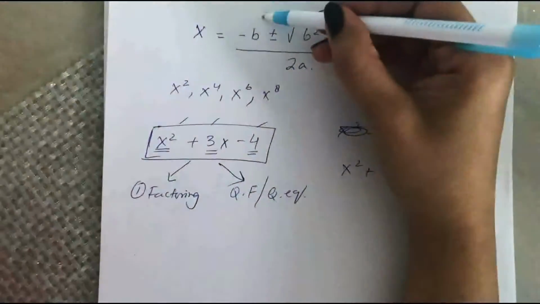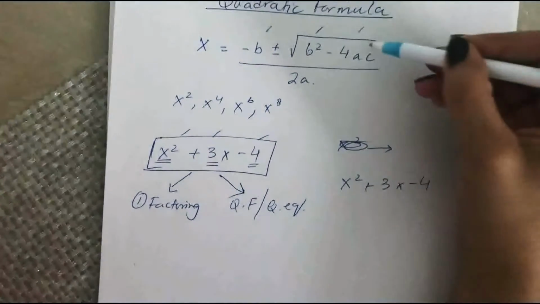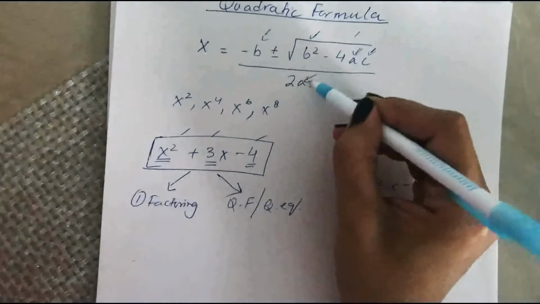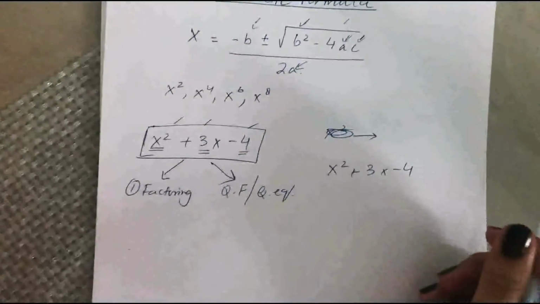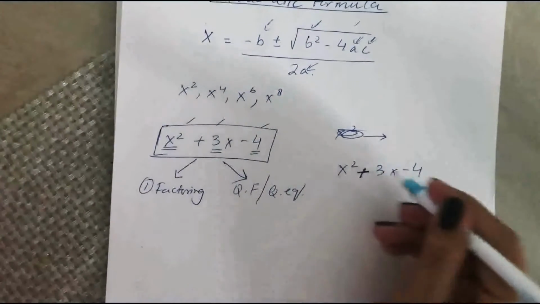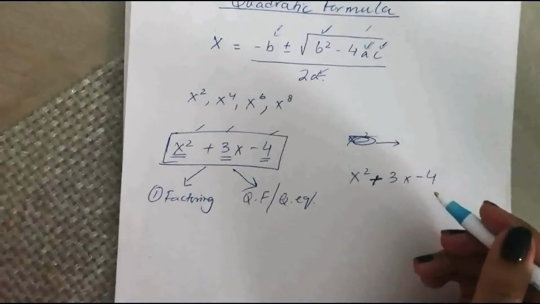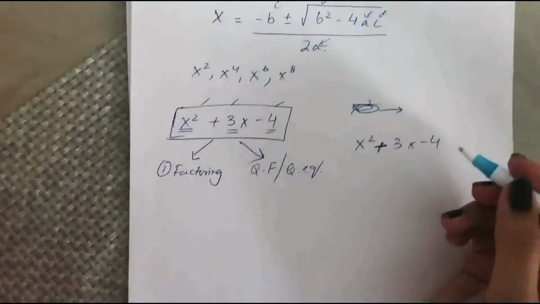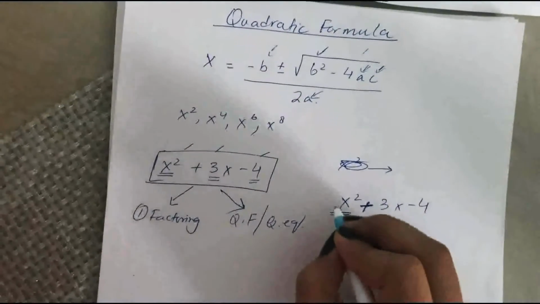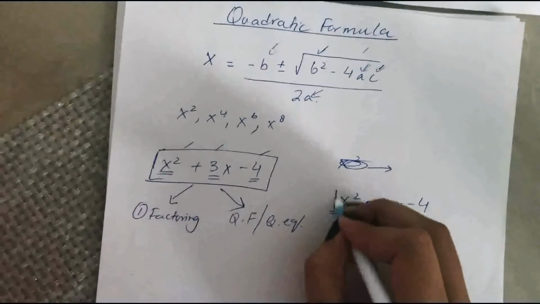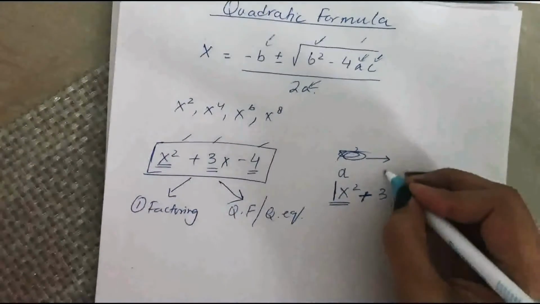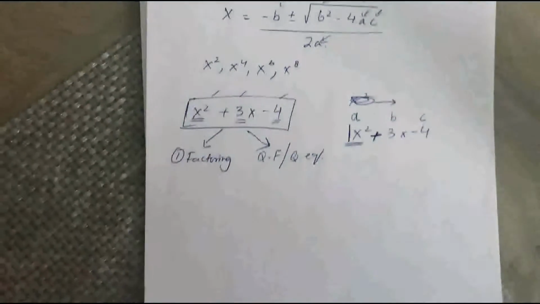As we see, a quadratic equation has 3 different letters, or variables. We can assign those into our equation, so it will be very easy for us throughout solving this equation. So what is the coefficient in front of x squared? It is 1. So this is a, this is b, and this is c.